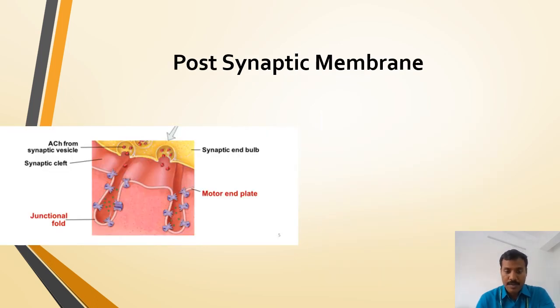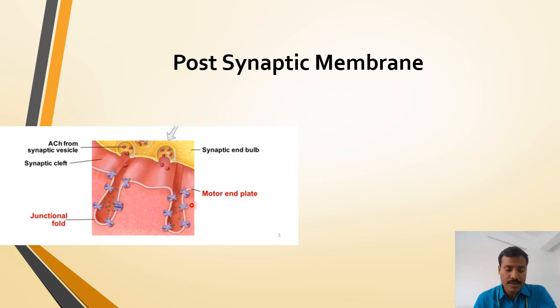Okay, the postsynaptic membrane. You can see acetylcholine binding areas. They are called ligand gated channels. Basically, they get activated once the ligand binds with the receptor. It is called the nicotinic acetylcholine receptor.